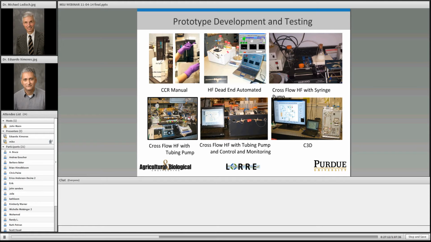And finally, we ended up building the instrument that's shown under C3d with a touchscreen monitor, control through a PC using LabVIEW, and automated operation, which included concentration, recovery, ejection of the sample into a microfuge tube, and then cleaning of the system with sterilization of all the tubings and the hollow fiber membrane so we could reuse it.